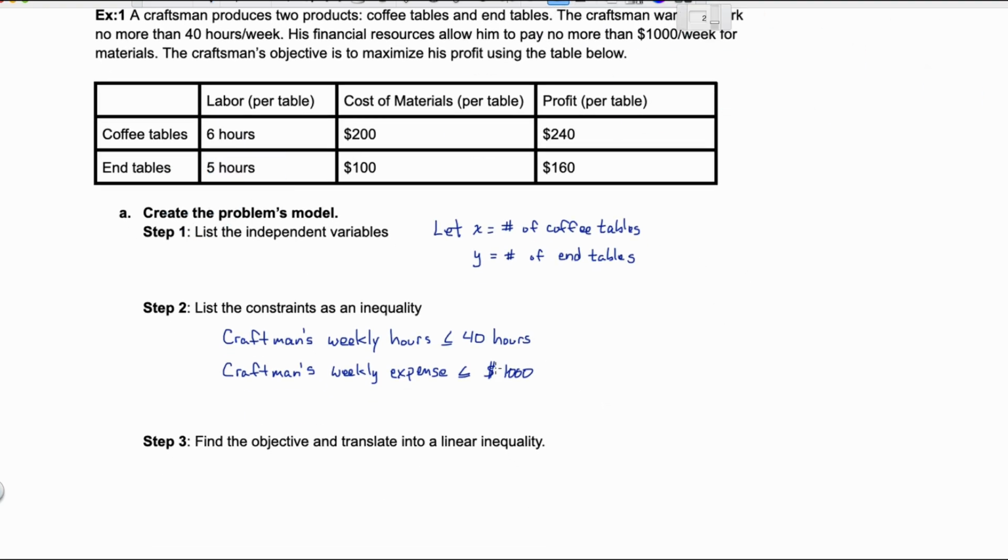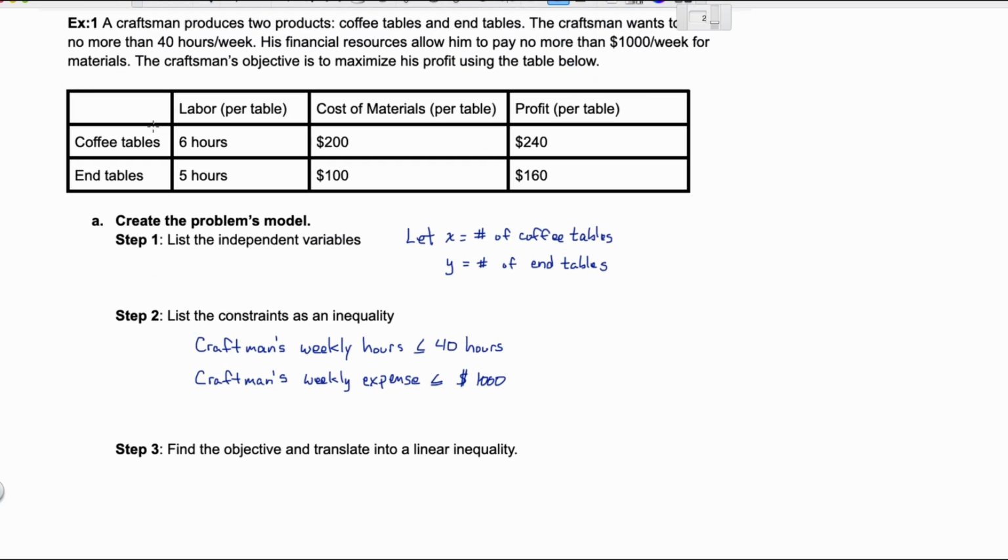So that means, if it takes 6 hours to make one coffee table, well, 6 times x plus 5 times y has to be less than or equal to 40. As far as the costs go, we know that 200 times x would be the total cost for coffee tables, and 100 times y would be the total cost for end tables. It has to be less than or equal to 1,000.